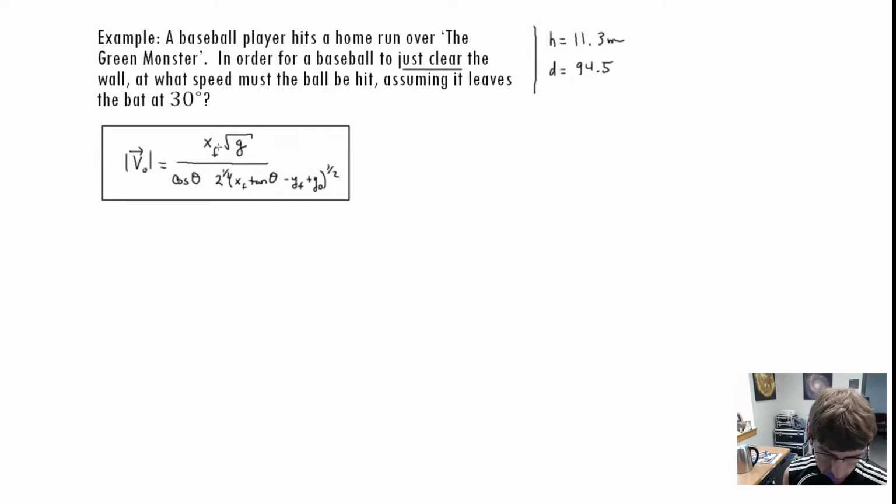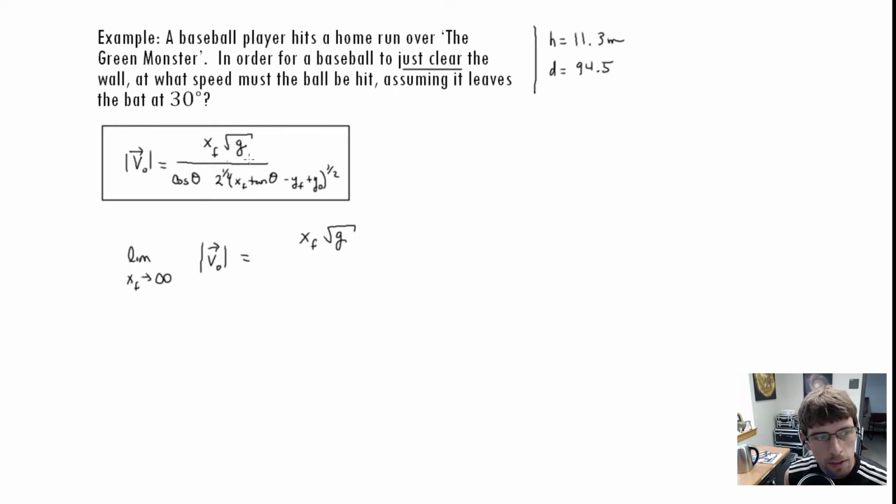So let's think about what happens in the limit as x final goes to infinity. What do we get? We get a really big number multiplied by some number. And if you're familiar with how to do limits, nothing changes here.